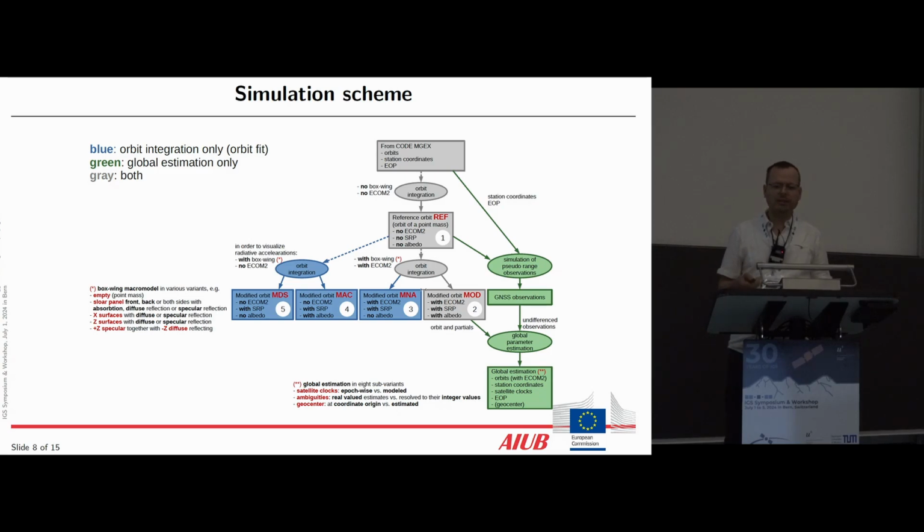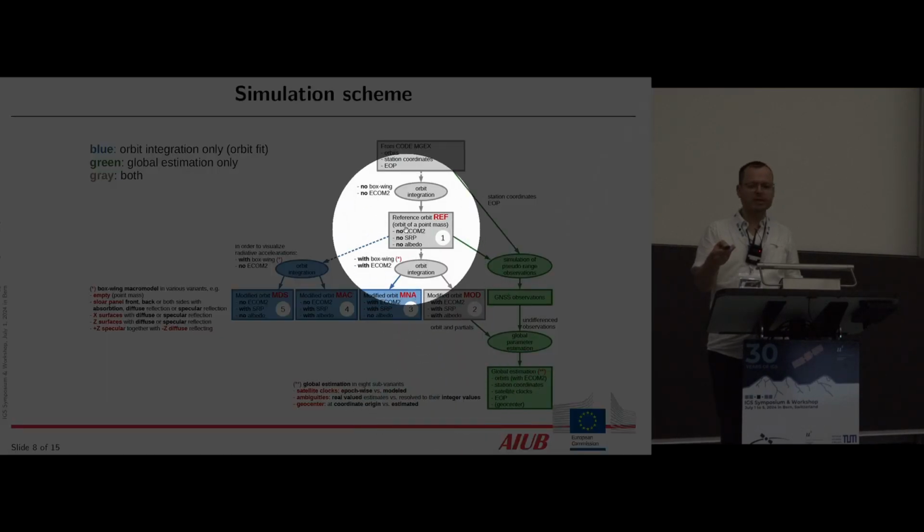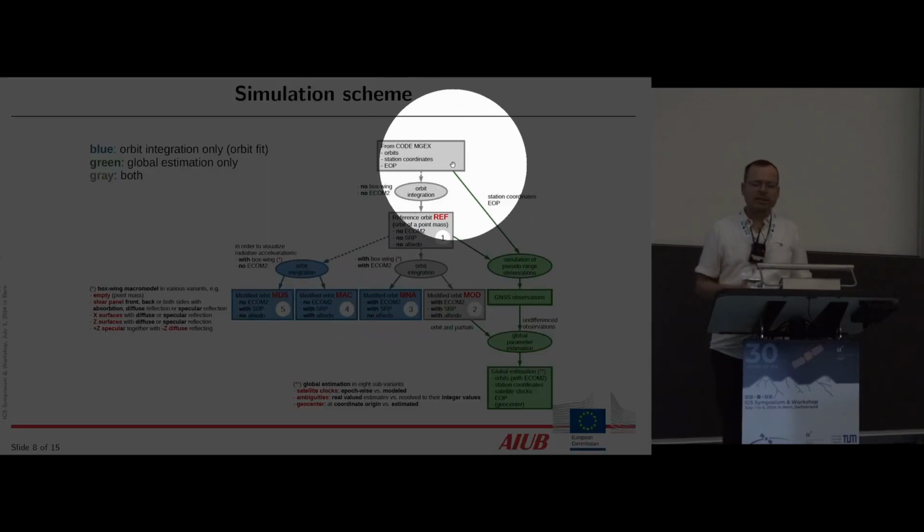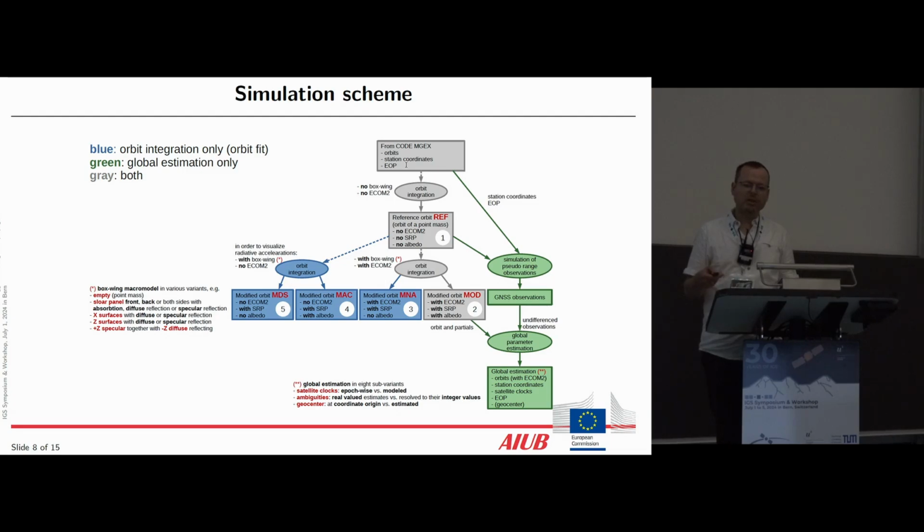So, for this, with this, so to say, disentangled simulations, we started with a reference orbit with no radiation pressure, so the point mass orbit, so to say, which was created from 1 year of MGEX results, and took this point mass orbit, took the station coordinates and EOP of MGEX, and with this simulated GNSS observations, as if the satellites would be point masses.